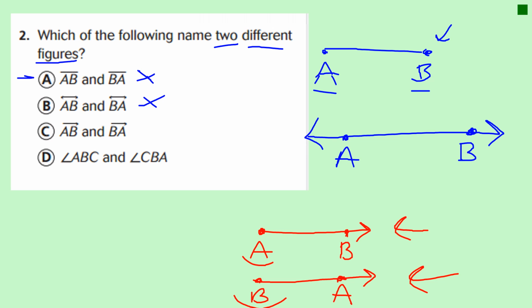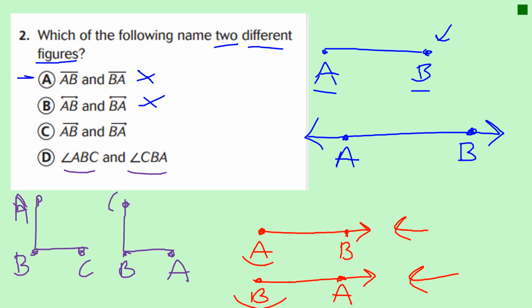All right, so I think it might be C, but let's take a look at D. D is about angles. All right, it doesn't even say obtuse, acute, or anything. So I'm just going to make a couple of right angles the best I can. So this is angle ABC. And then this is angle CBA.